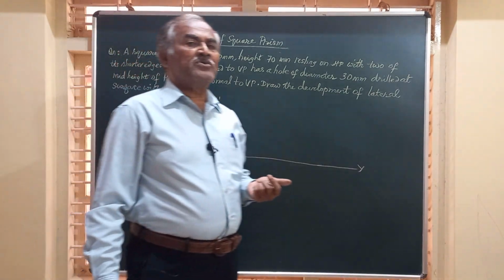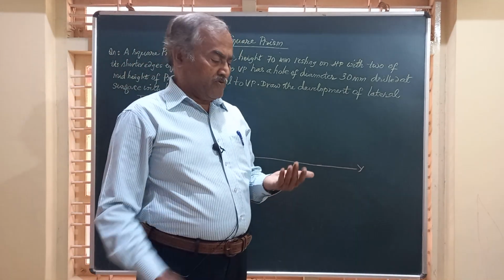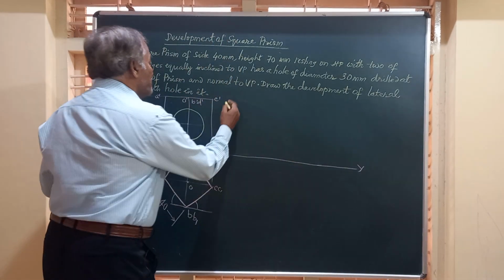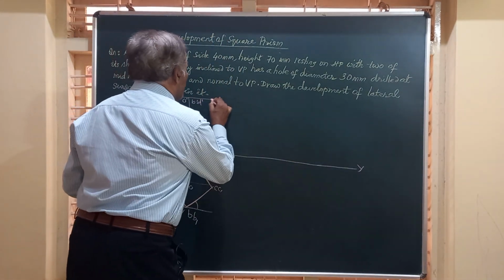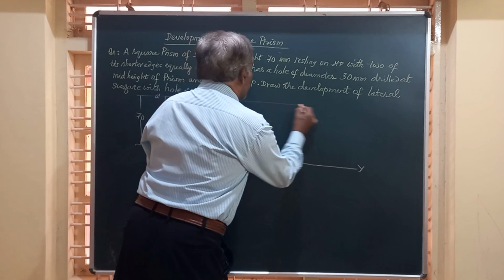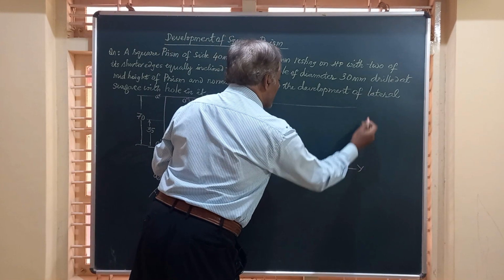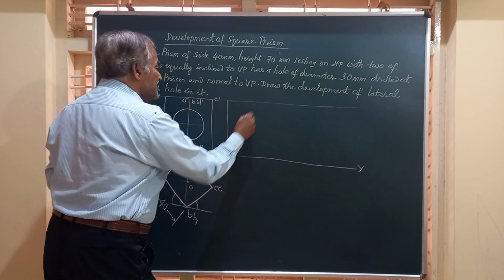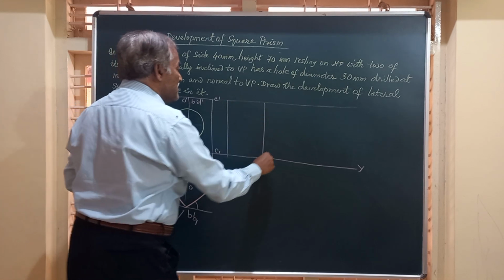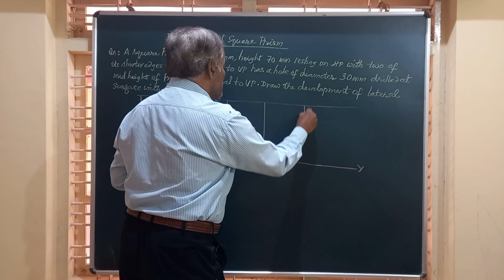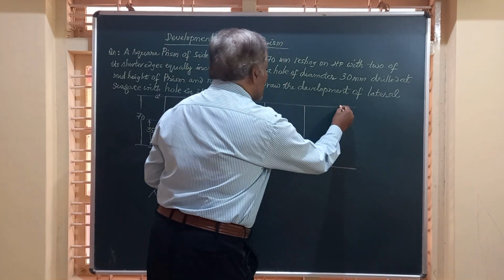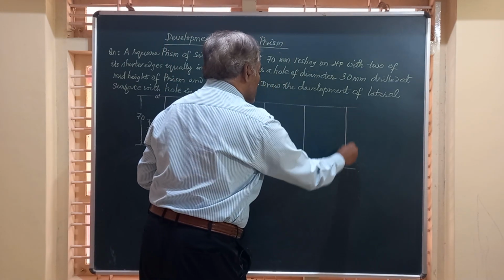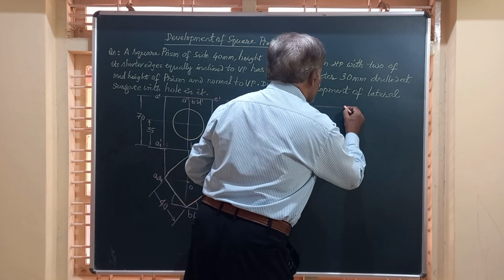Now we are required to find out the development. First of all, we will assume that this is not cut by any section plane, and hence in the development you are going to get four rectangles: one, two, three, and one more.